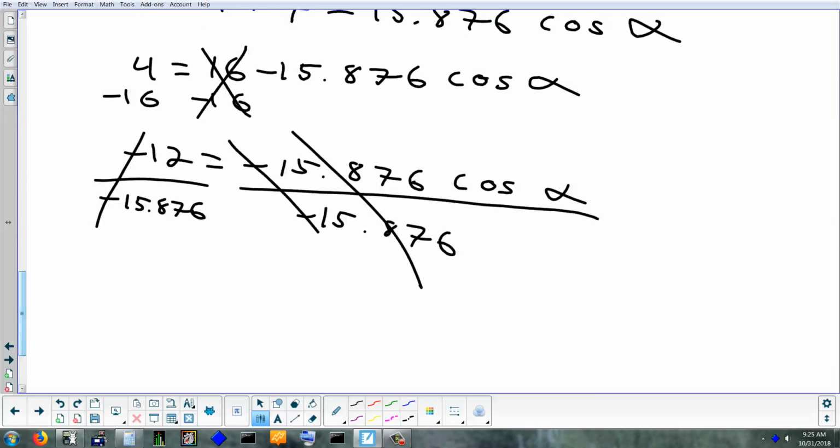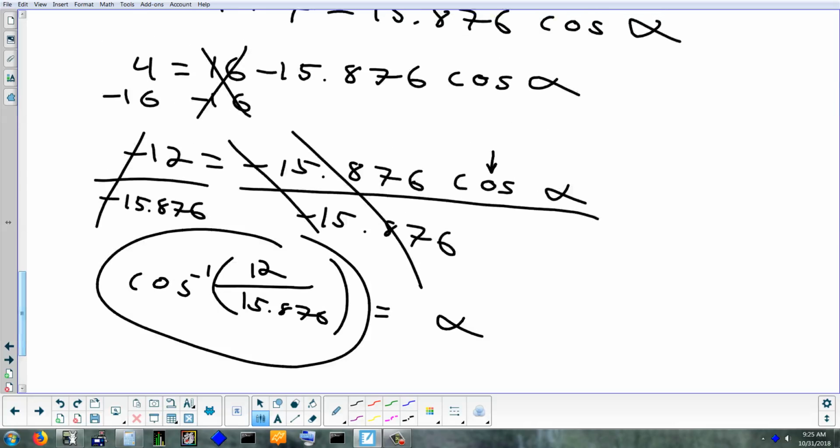So now my last step, I have to deal with the cosine function. What are we going to use? Inverse cosine, yep. So take the inverse cosine of what's on the left and the inverse cosine of what's on the right. Inverse cosine and regular cosine are gone. And there's your answer for alpha.